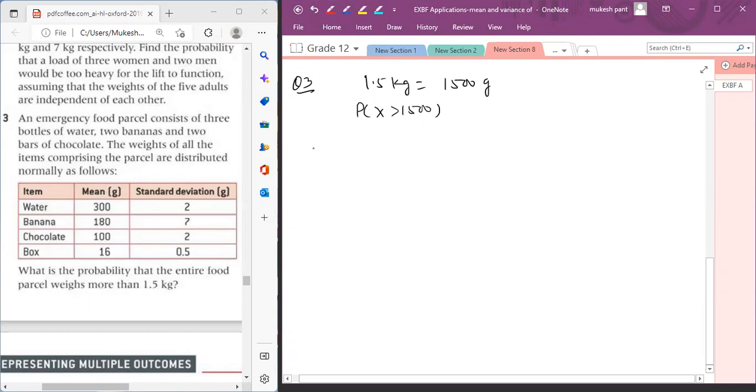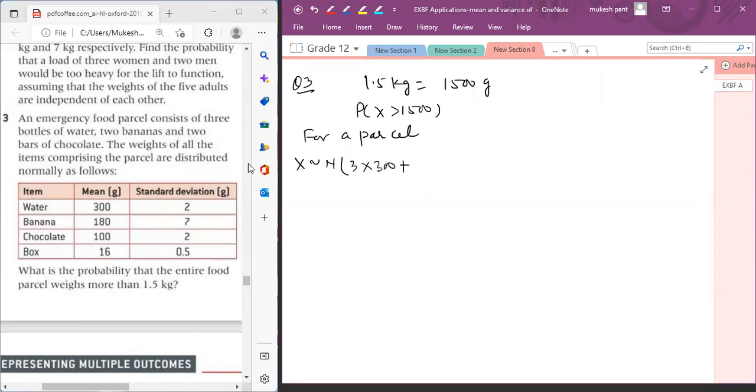So for a parcel, we design the probability distribution. X is normally distributed. We have 3 water bottles, so the mean will be 3 times 300.